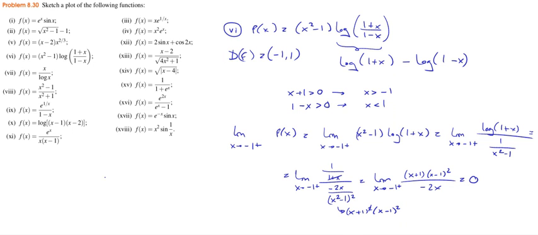Okay, so at minus 1 the function would be 0, or the limit would be 0, but the function is not really defined there. So that's an avoidable discontinuity. What happens at 1? We have the same thing, on the left.